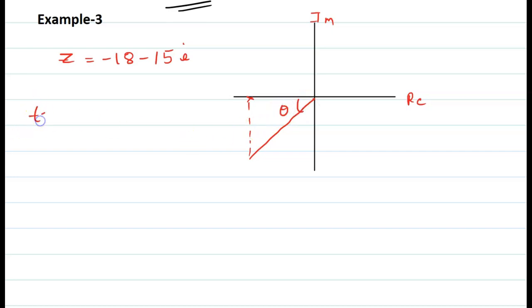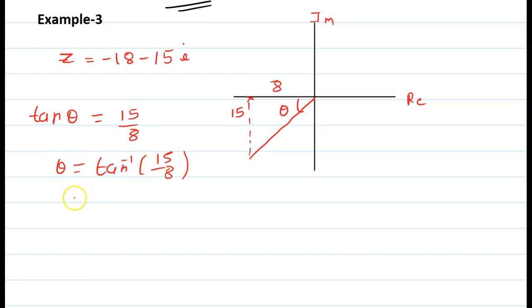So tan theta is 15 over 8, so theta will be tan inverse 15 over 8. If we put it in a calculator, it will be 1.080.